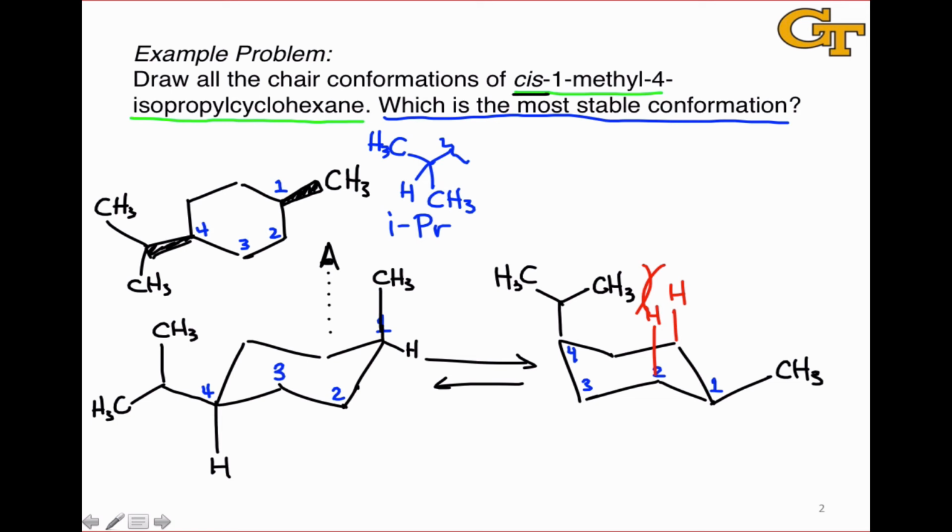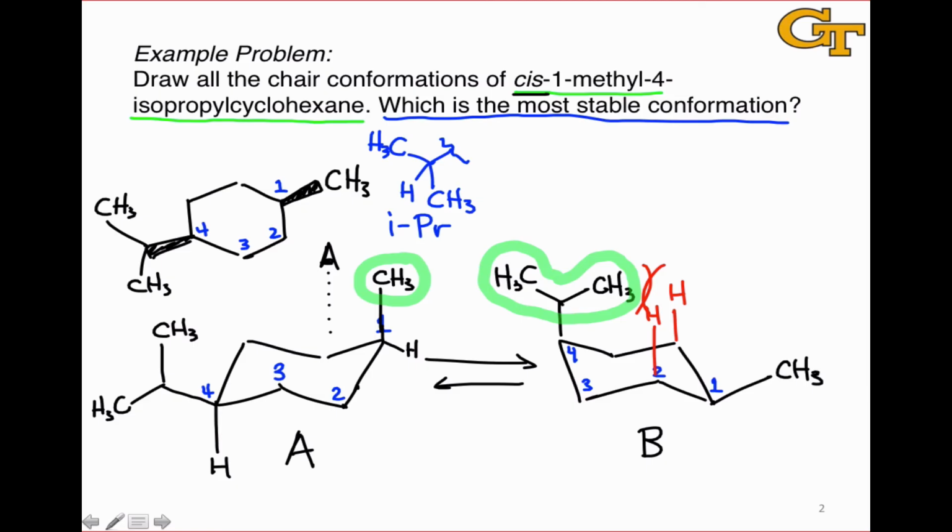So what we're really doing here, since we have a situation where in one structure, let's call it structure A, we have an axial methyl group. And in the other structure, call it structure B, we have an axial isopropyl group. What we're really doing is comparing the size of the axial methyl versus the axial isopropyl.